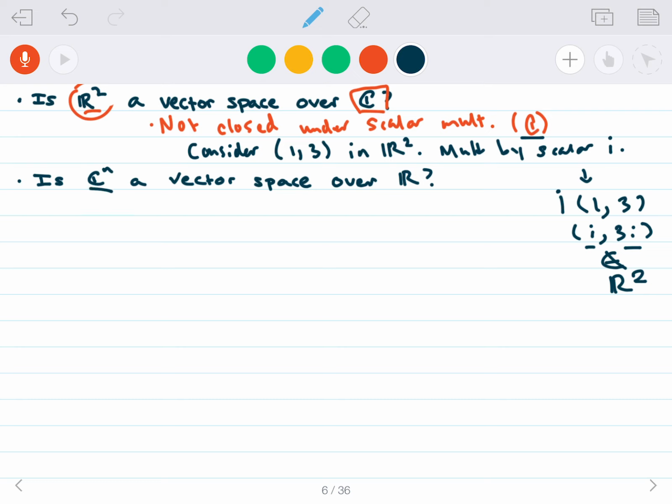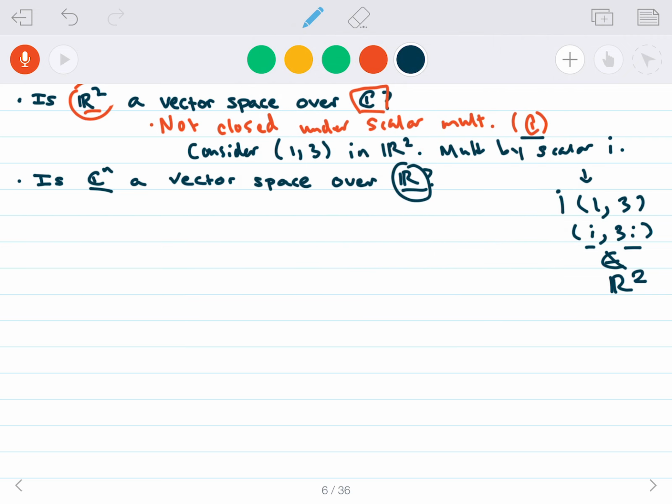However, Cn is indeed a vector space over R. If we add two complex vectors, we're still going to get a complex vector. Scalar multiplication is okay as well because multiplying a complex entry by a real number is not going to kick it out of being complex. Remember, complex numbers include the real numbers and more.